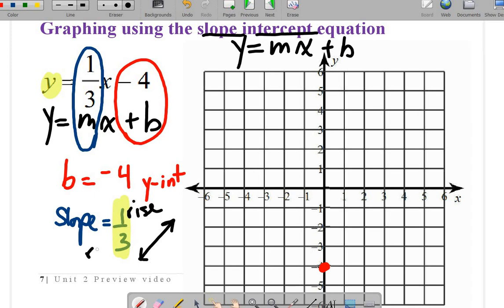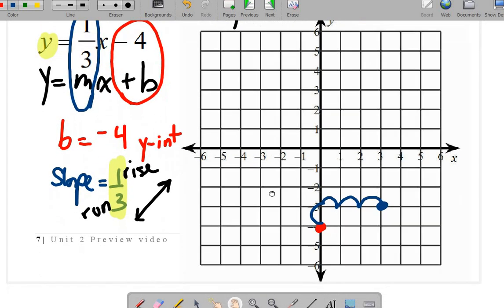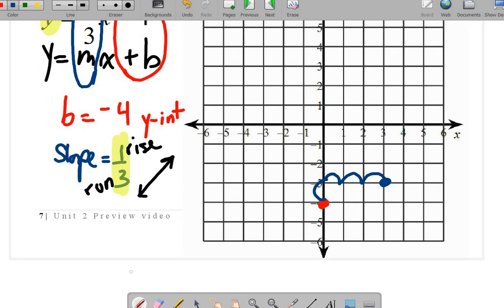I'd like you to label your rise and your run. So from -4, my rise is 1. And then to keep it positive, I'm going to run 3. 1, 2, 3. Now I could also go down 1 and left 3.